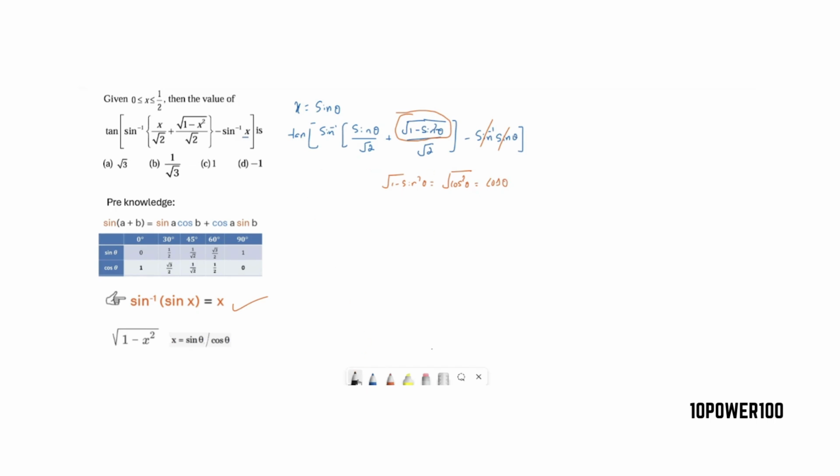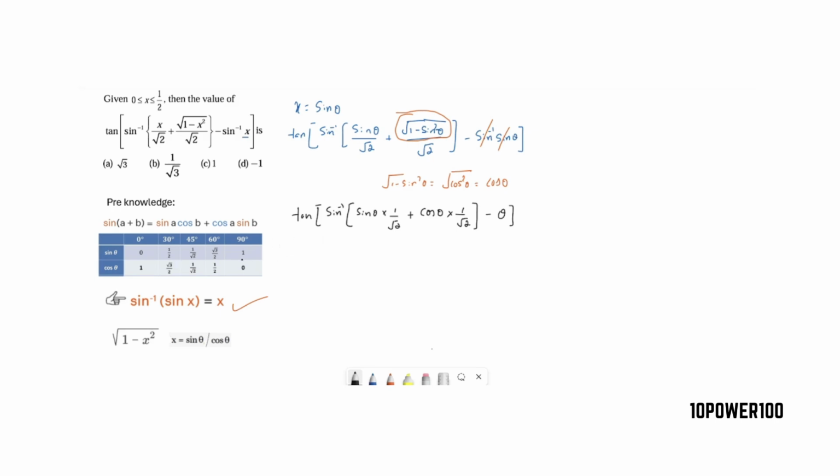So now the whole equation becomes the new equation, tan of sine inverse of sine theta. I'll write 1 by root 2 separately. So 1 by root 2 plus cos theta into 1 by root 2, I'll close the bracket, minus theta is left out.